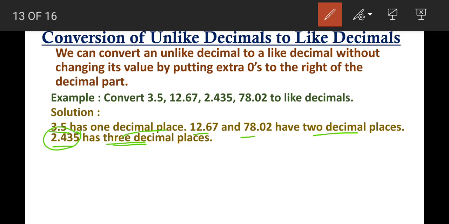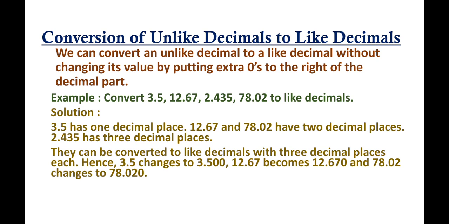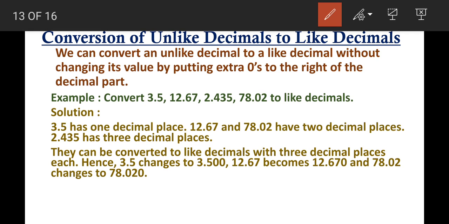So we have to convert each number to three decimal places by adding zeros to the right side of the number. They can then be converted to like decimals with three decimal places. So 3.5 changes to 3.500, as we just add zeros to the right side. 12.67 becomes 12.670.